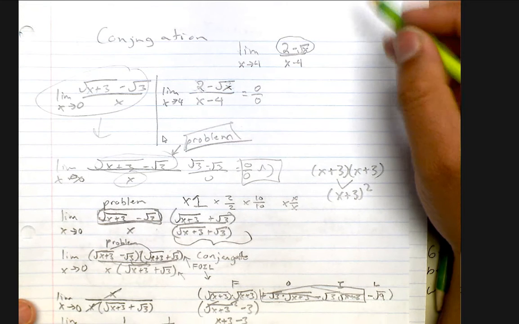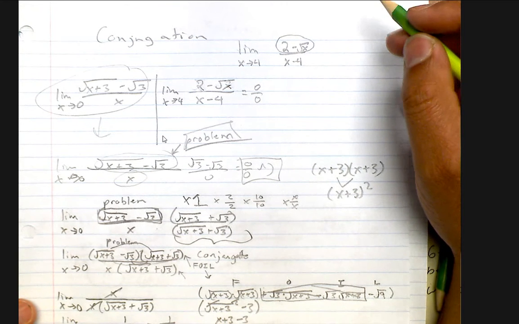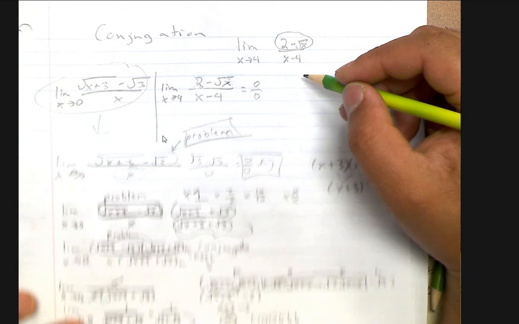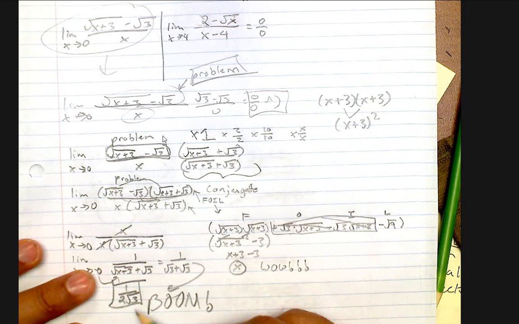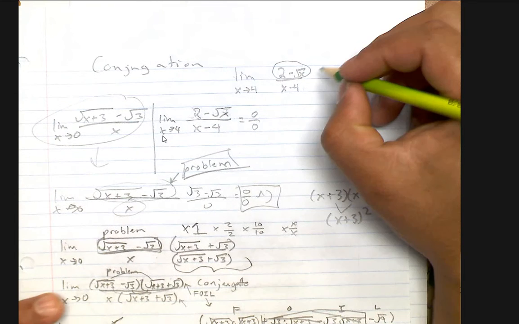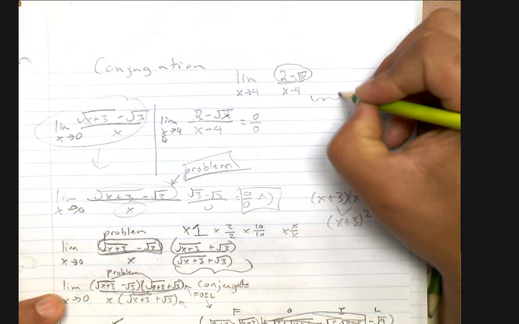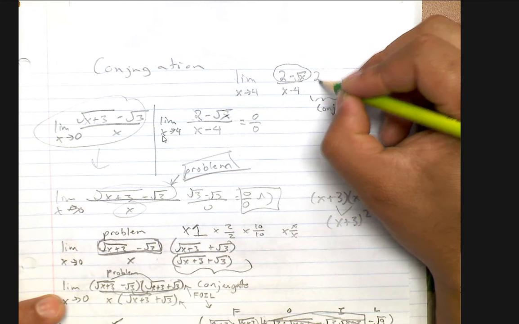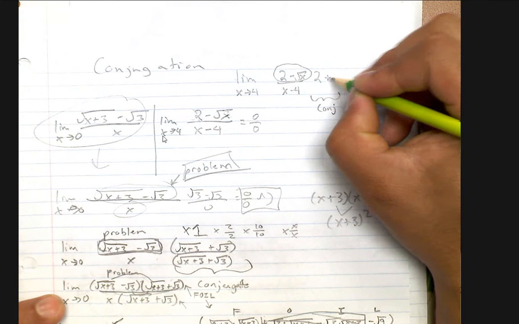We want to get rid of the square root on top. It's going to shift the square root onto the bottom, kind of like it did in my answer right here, and then we're able to cancel. So what's the conjugate? We take the problem and we change the sign in between.